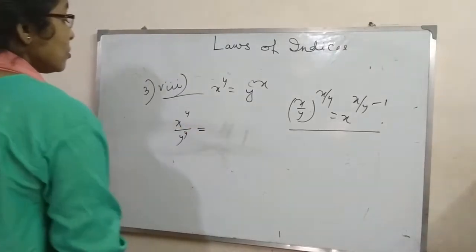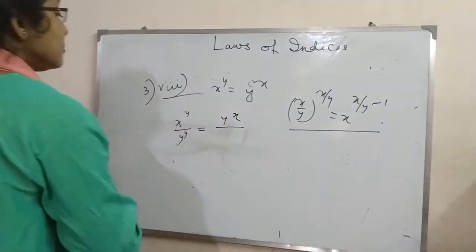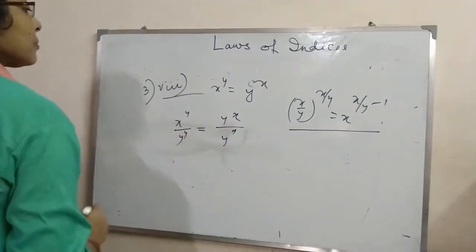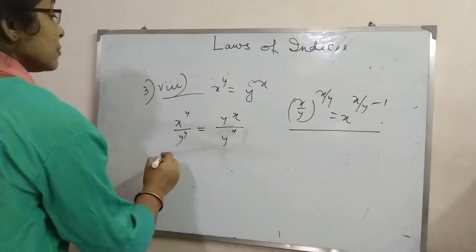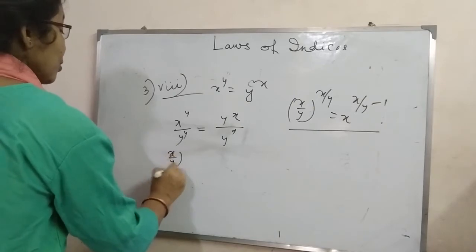This is equal to y to the power x by y to the power y. (x by y) whole to the power y.